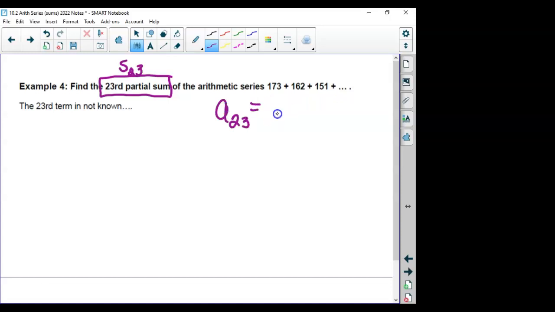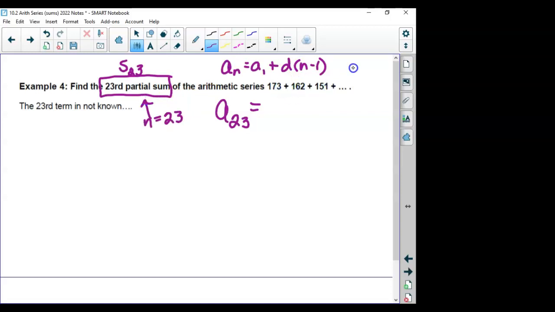And how do we ever find term 23 in an arithmetic sequence? What's the formula look like? Okay, so we're using n equals 23. What's d?